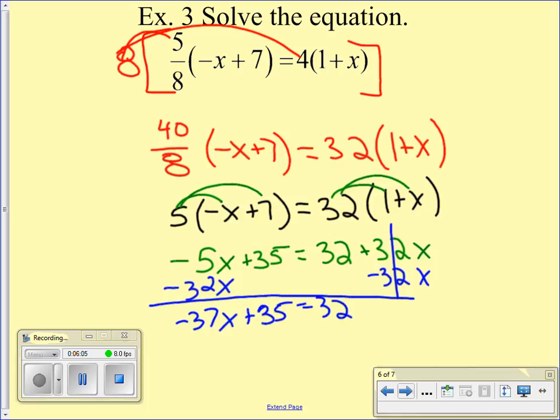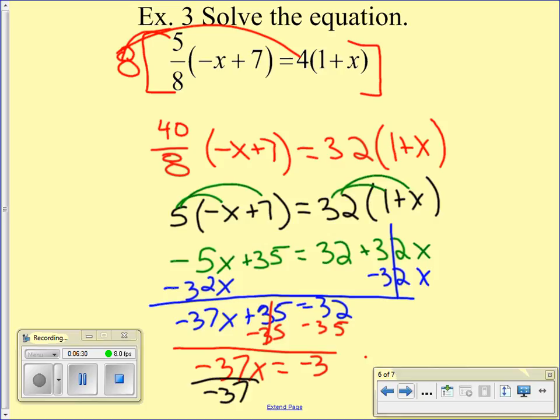Use subtraction property of equality to move the 35 over. So negative 37x equals 32 minus 35, which is negative 3. Use division property of equality to isolate the variable.